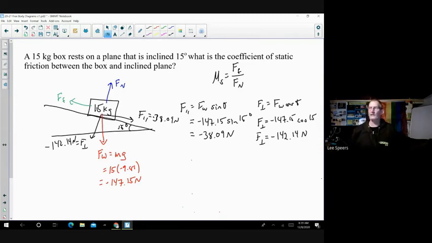All right, so let's take a look at what this means. Since the box is at rest on the inclined plane, it's just sitting there, that means we have a net force of 0.